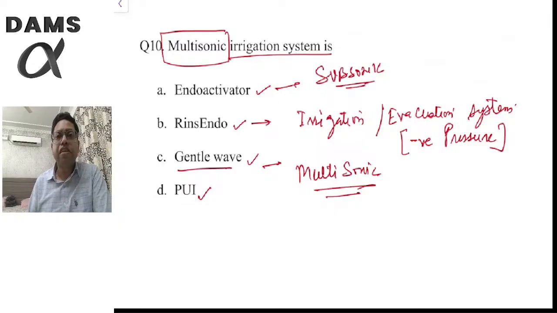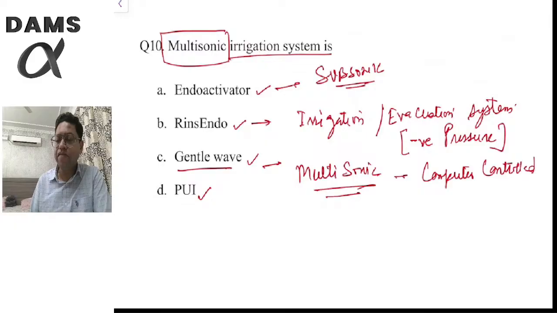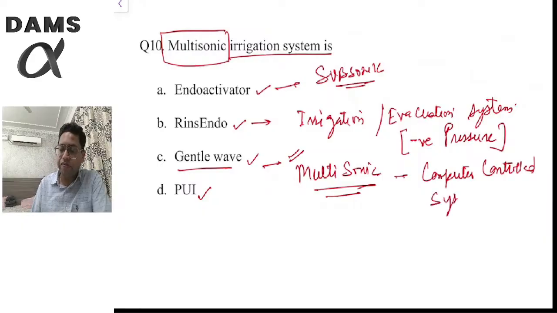Gentle wave, multisonic vibrations are generated, which is a computer controlled irrigation system. It is a modern device for flushing out the root canals by way of a computer controlled system called gentle wave, and it works on multisonic multiple frequencies of vibrations, computer controlled system.